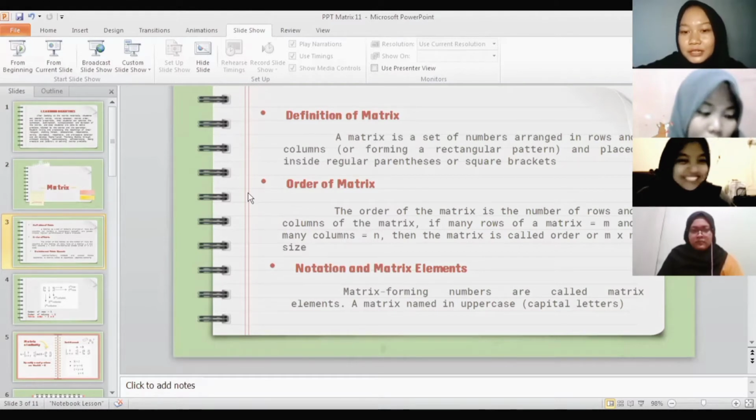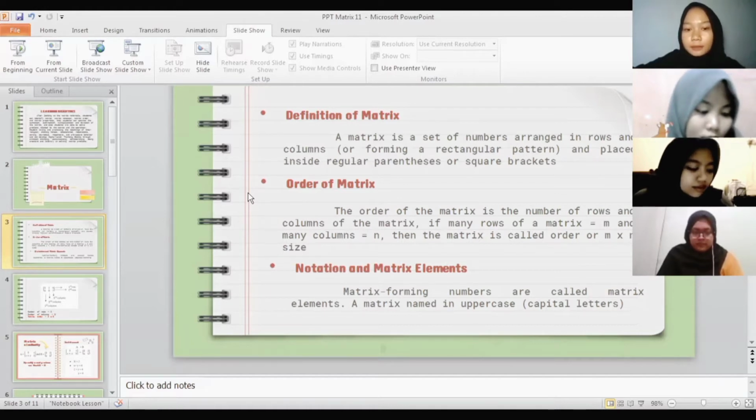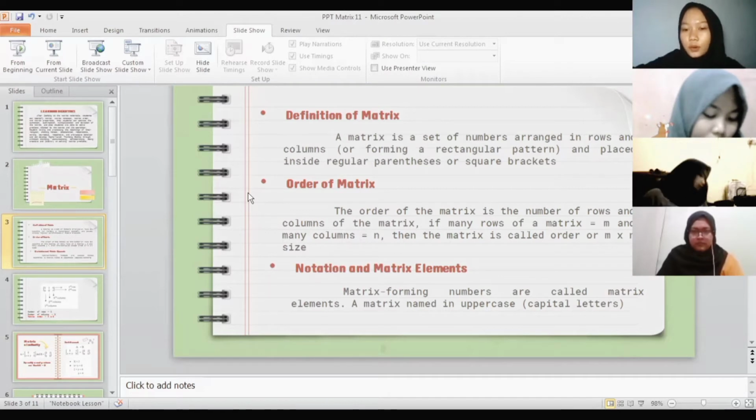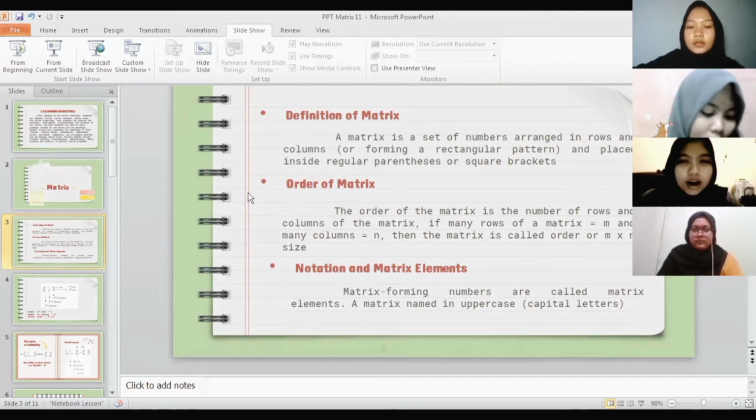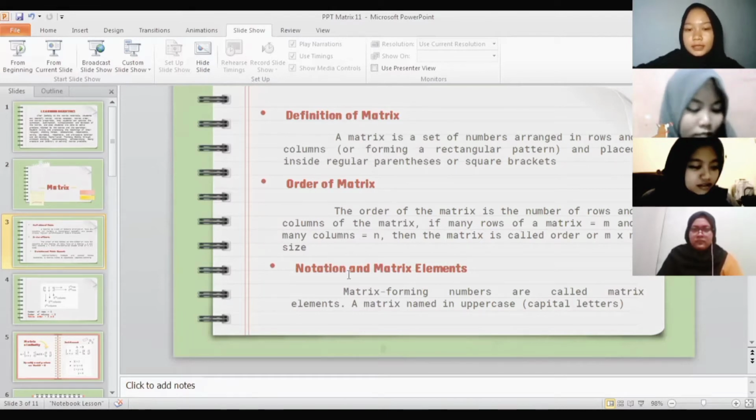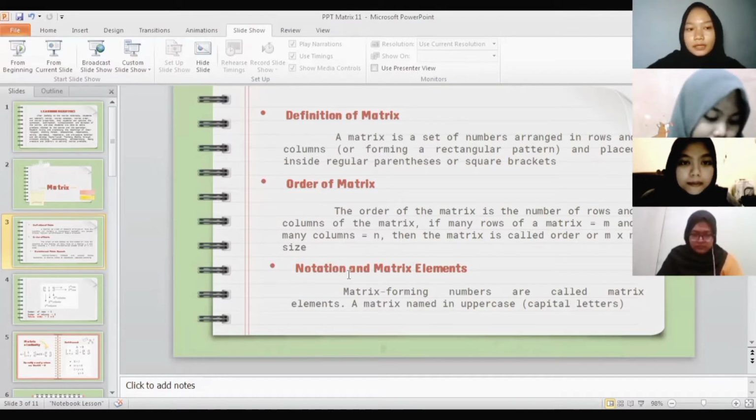The order of a matrix is the number of rows and columns of the matrix. If the number of rows of a matrix equals m and the number of columns equals n, then the matrix has order m times n. For the notation, a matrix is named with an uppercase or capital letter, and its entries are called matrix elements.